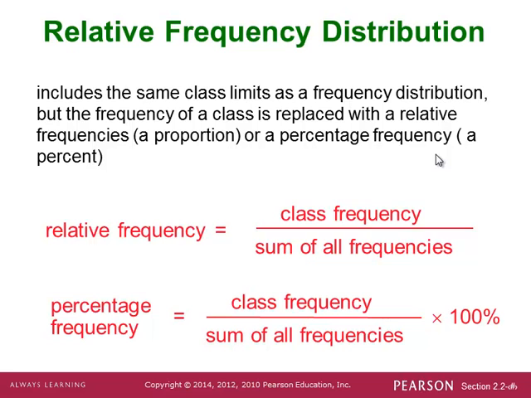So we're talking about the absolute frequency. Now, a lot of times, though, you will want the relative frequency distribution. Relative frequency is where you take each class's frequency and divide by the total number of numbers in your data set, which is going to be the sum of all your frequencies.